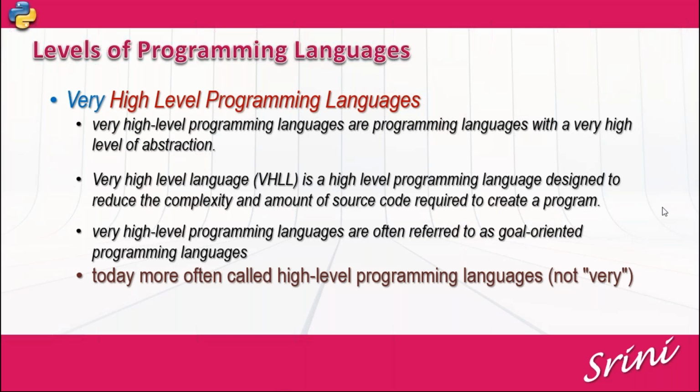A lot of things are automatically done by the Python language powerfully. So it reduces the logic development burden on the programmer, and the programmer can easily write the code. These languages are goal-oriented programming languages. The complexity of the logic and the amount of source code required is reduced.